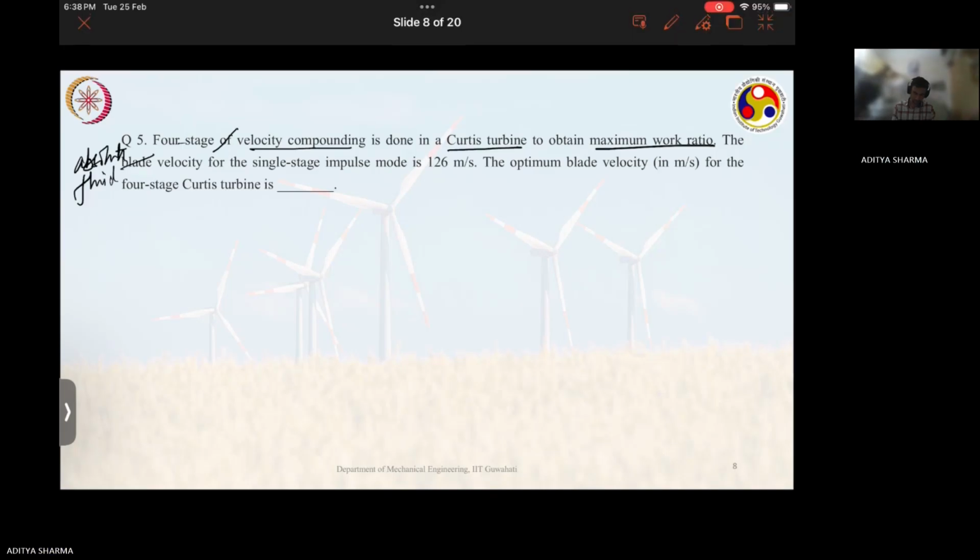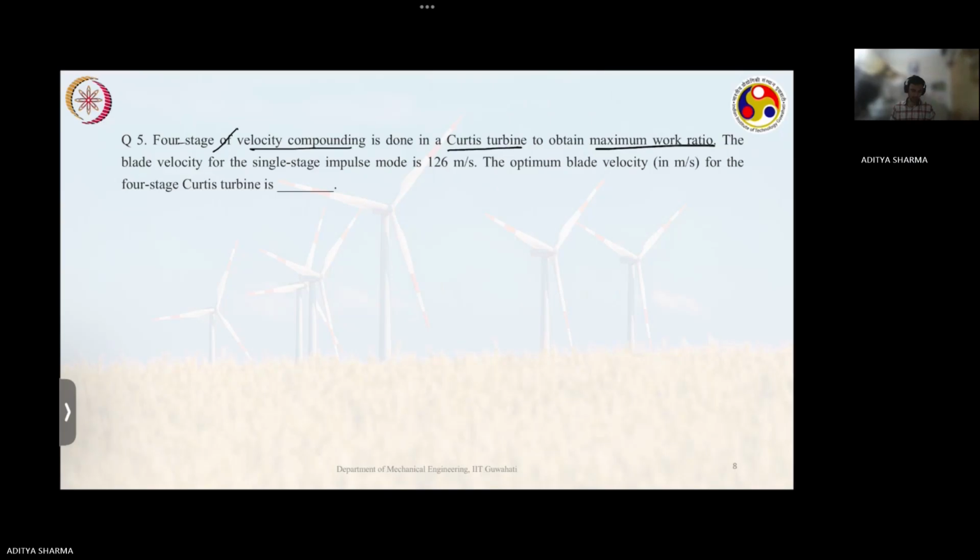I believe it says that if it is moving in single stage only, then the optimum blade velocity for the four-stage Curtis turbine is.